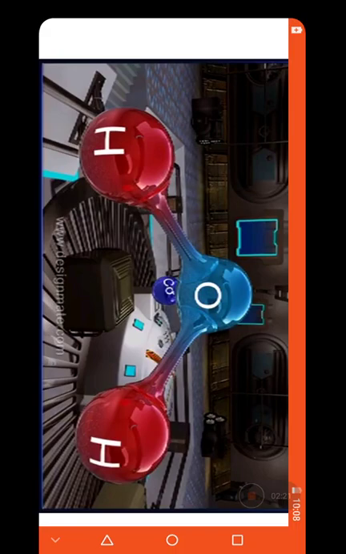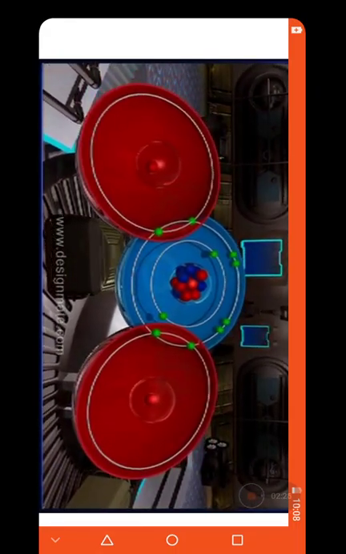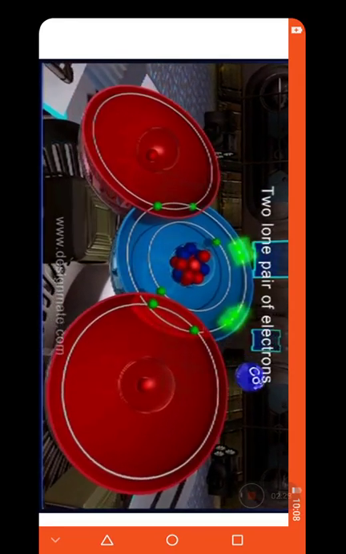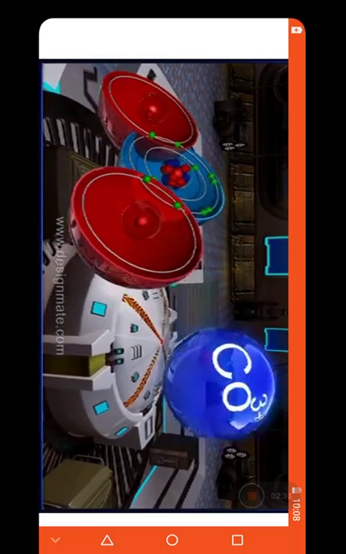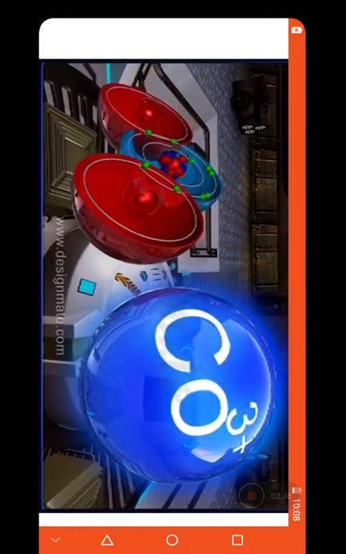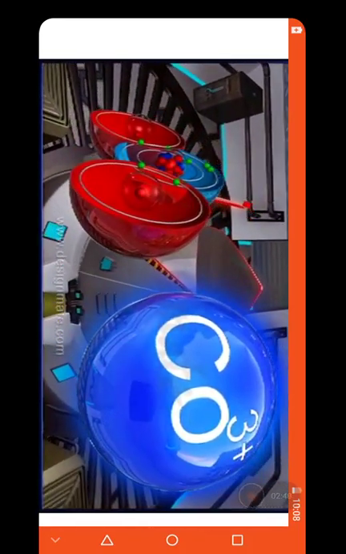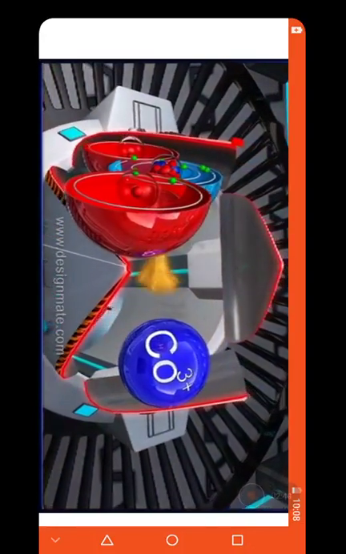We know that the oxygen atom present in water is covalently bonded to two hydrogen atoms, while two lone pairs of electrons are left unshared. When this water molecule approaches a cobalt ion, it donates one of these lone pairs of electrons to the cobalt ion and forms a coordinate covalent bond.